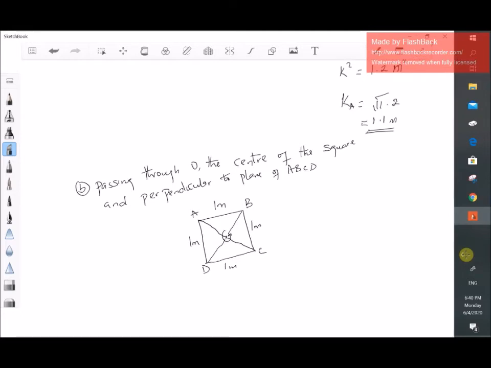Whatever you get from point C to the center will be the same for point D to the center, for A to the center, and B to the center. So if you don't mind, I can draw another diagram to find the distance to the center.